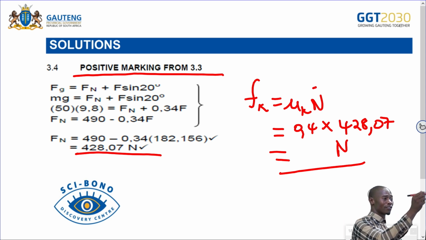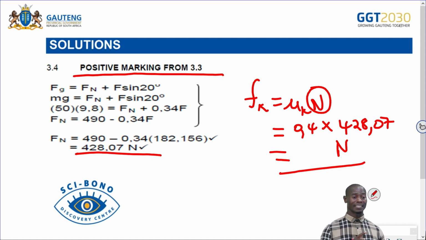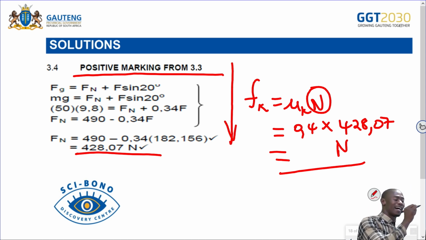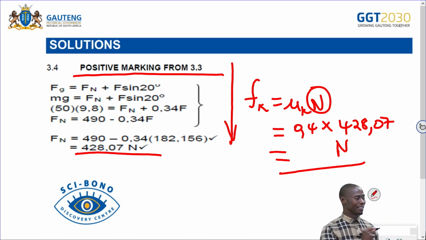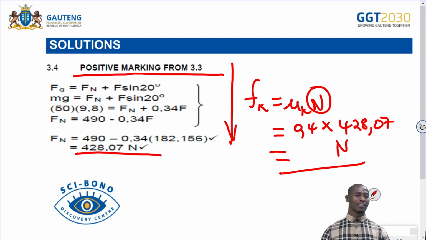If your normal force, obviously, can you see that if the magnitude of F is wrong, you are not going to get the correct magnitude of what? Of N, which is the normal force. You're also not going to get the correct magnitude of what? Of Fk. But if you continue with those wrong answers from 3.3 up to this question, you will still get all the marks because it shows that you know what to do.